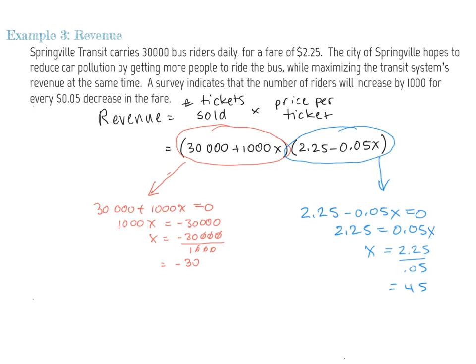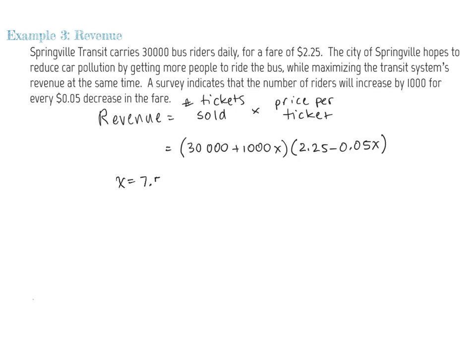The average of our two zeros gives us the x value of our axis of symmetry, or the x that maximizes our revenue. So we take 45 minus 30 over 2 equals 15 over 2, or 7.5. So the x that maximizes our revenue is a value of 7.5.